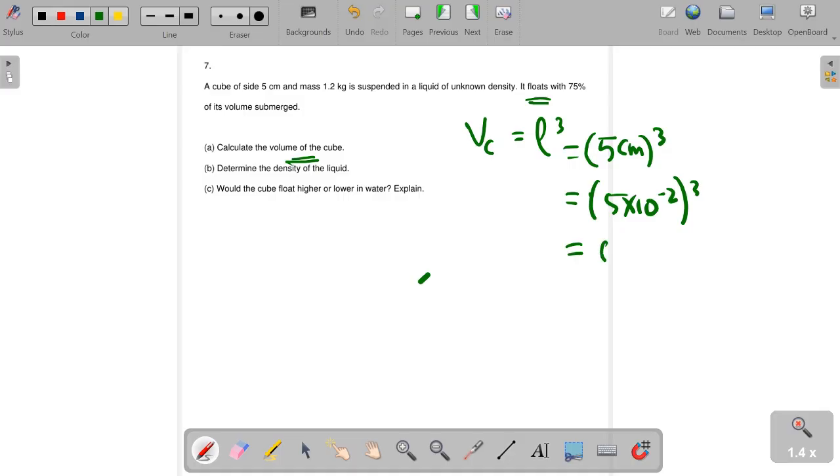What you end up getting is 0.000125 cubic meters. Okay, that's our volume of the cube. We're done with part A.